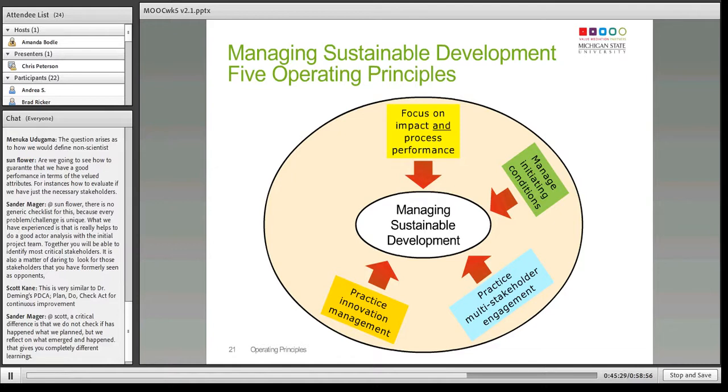So that there has to be action learning, again, this notion of multidisciplinary learning.